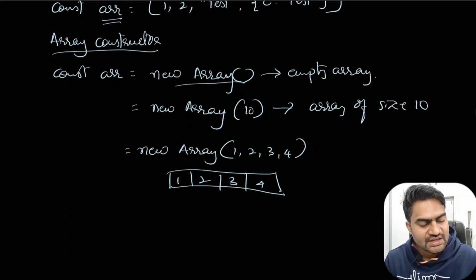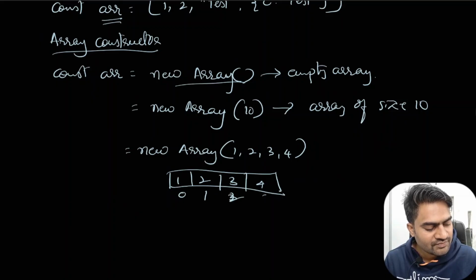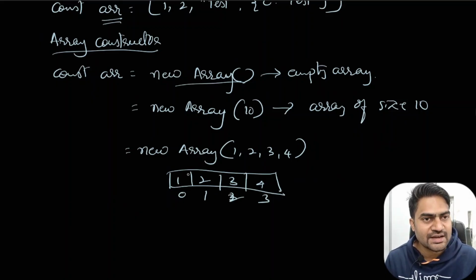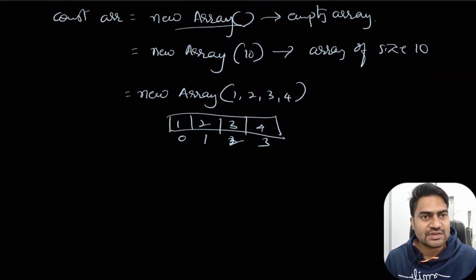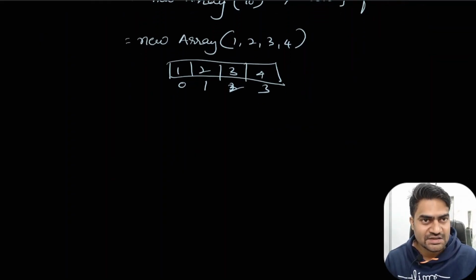Now this is the representation of the array, and here the array is 0-based indexed. It means our first element gets stored at the 0th index and the subsequent elements take the subsequent indexes. That is how array representation happens in JavaScript. So this is creating the array.